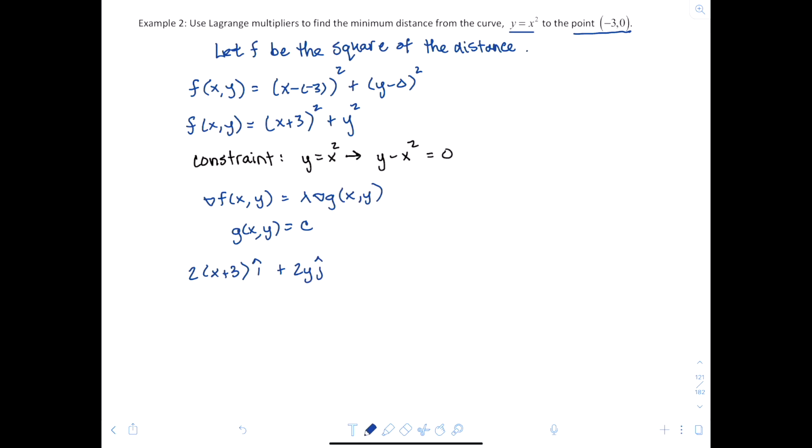So that gives me del f of x and y. That would equal lambda times del g of x and y. So del g of x and y would be negative 2x i plus j.